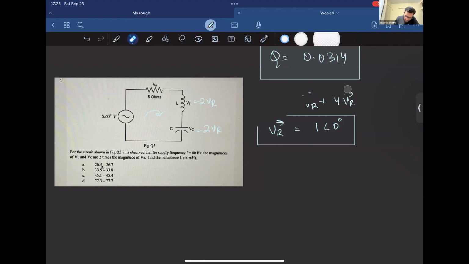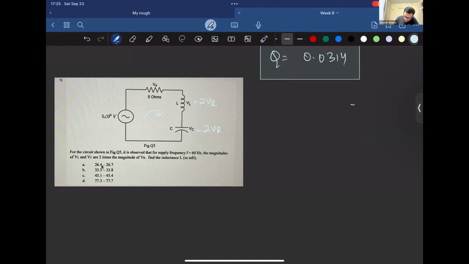No, not like this. They have given magnitudes, right? Sorry for that. So that means mod of V is equal to mod of VR plus 4 times mod of VR. That means VR is 1.